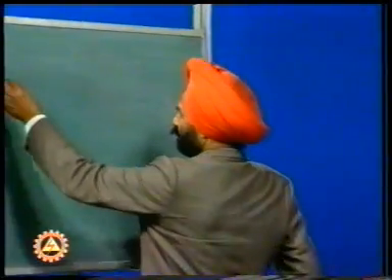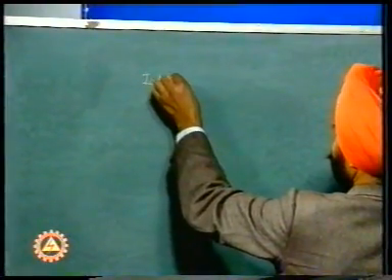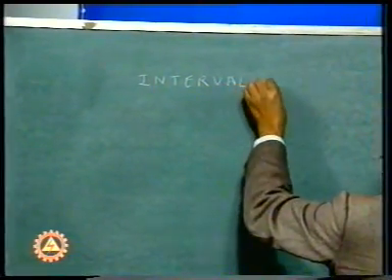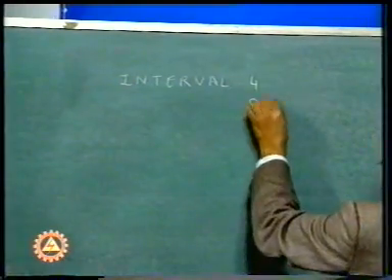Now, ideally, the interrupt service routines need to be placed anywhere in the memory space independently, but this controller does not allow this. It allows the placement of these interrupt service routines at an interval of 4 or 8.